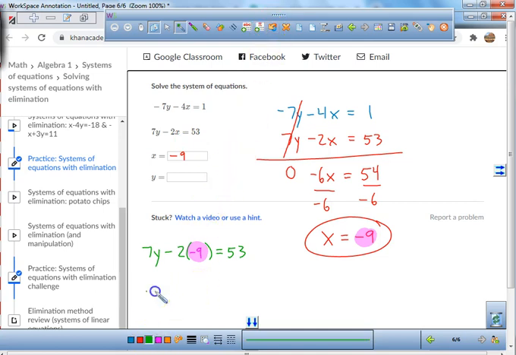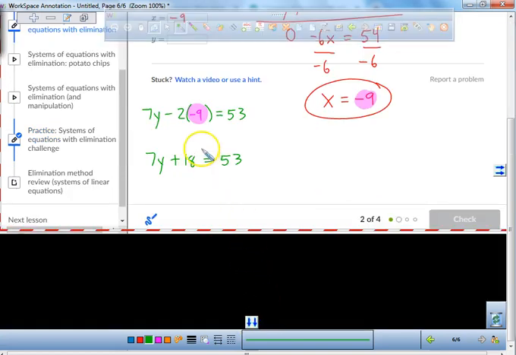We've got 7y, negative 2 times negative 9 is positive 18, equals 53. We take away 18 from this side and from the other side, and we get 7y equals 53 minus 18, which is 35.